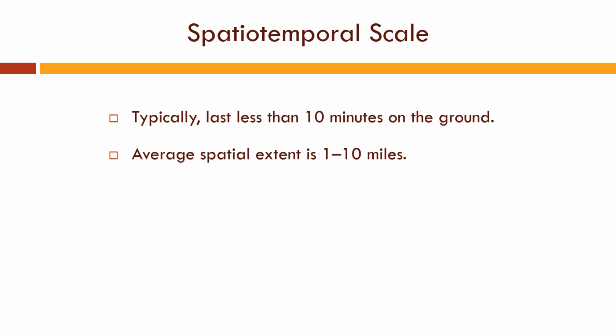In terms of spatial extent, tornadoes typically have a path length of about 1 to 10 miles, but some can travel much further. The longest on-the-ground time ever recorded for a single tornado was 3 hours and 10 minutes. This was set by the Tri-State Tornado of March 18, 1925 in the U.S. It also holds the record for the longest path, traveling 219 miles across Missouri, Illinois, and Indiana.